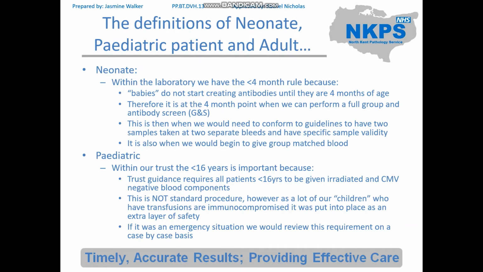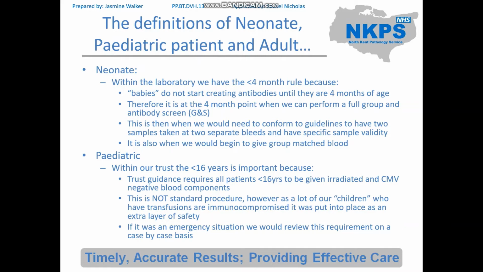We would, for the most part, in terms of blood, so that's red blood cells, call the patient a paediatric patient once they were greater than 4 months old. However, when you're looking at other components such as FFP and platelets, we might give them neonatal components.